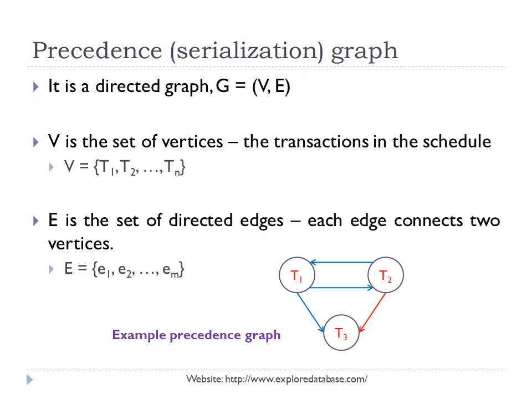Let me take the arrow or edge in red color between T2 and T3, and there is a conflict between T2 and T3 where the conflicting instruction of T2 happens first, then comes the conflicting instruction of T3. Hence the arrowhead points towards T3.